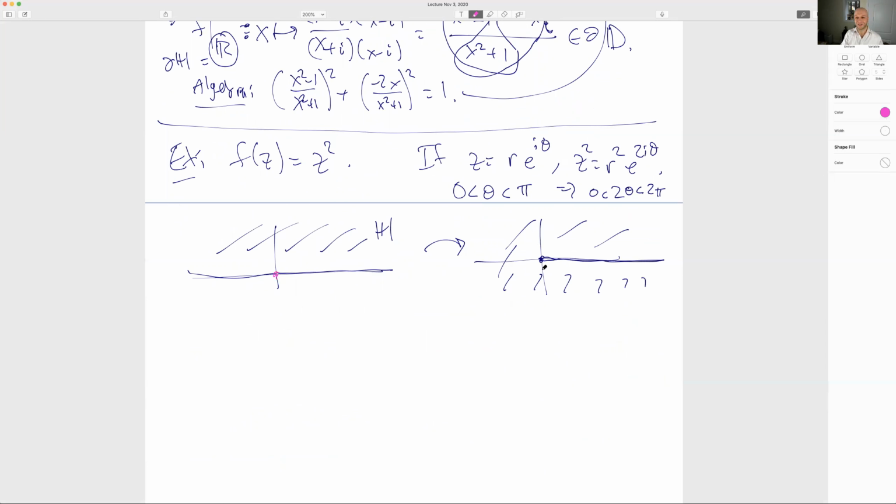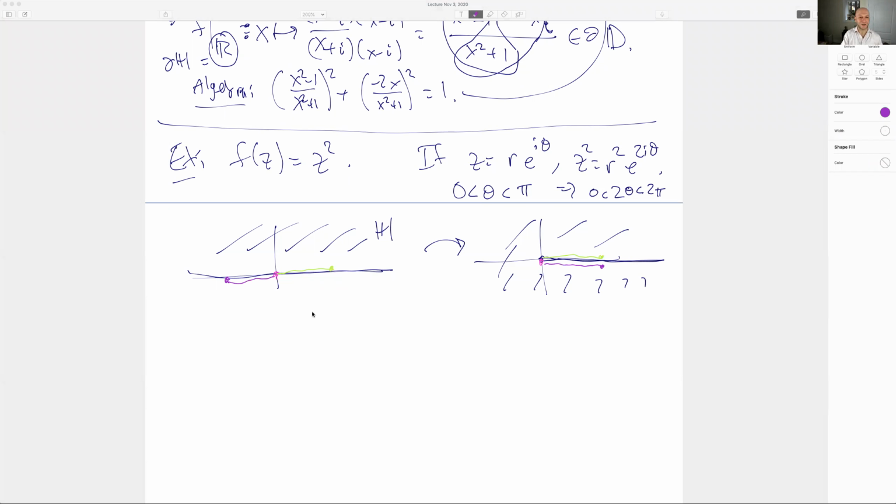0 squared is 0. Any positive number squared remains positive. Any negative number squared remains negative, but they're on opposite sides of where that cutoff happens.